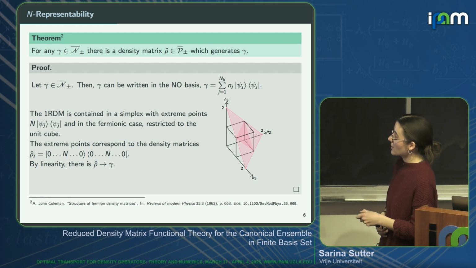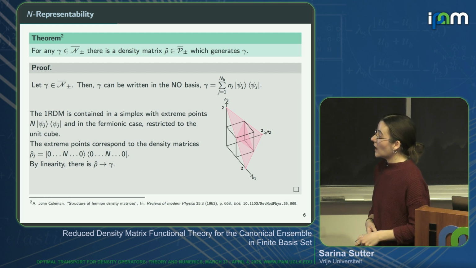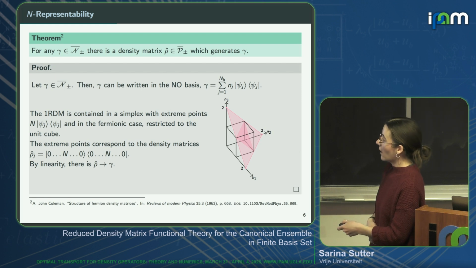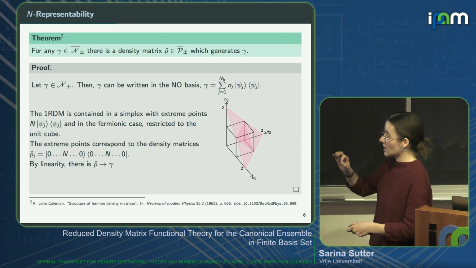Each 1-RDM of this form can be represented as one point in either the larger triangle or the smaller triangle. And then we can align the extreme points, these corners, to the density matrix where we have all the particles in orbital 1, in orbital 2, or in orbital 3.